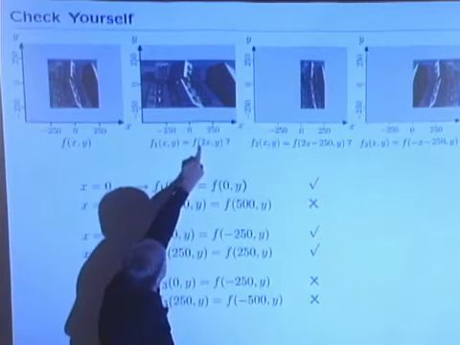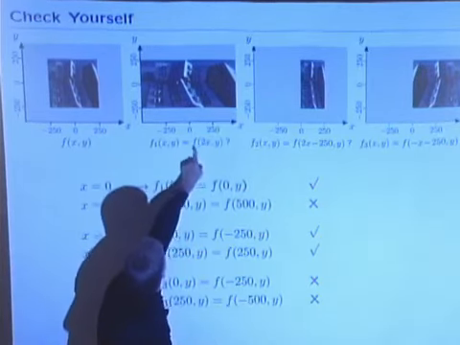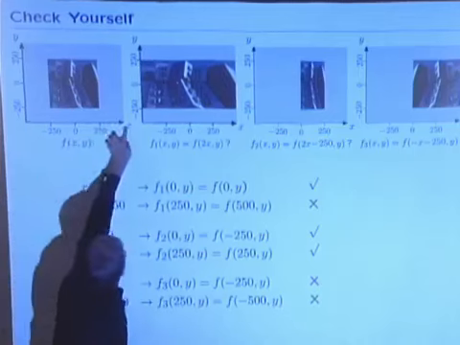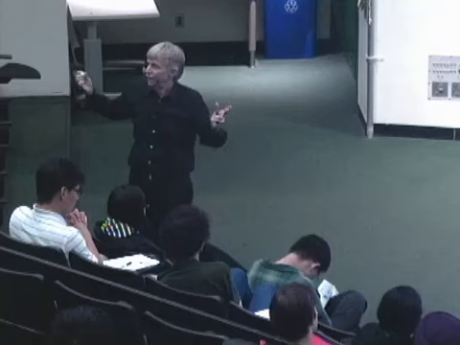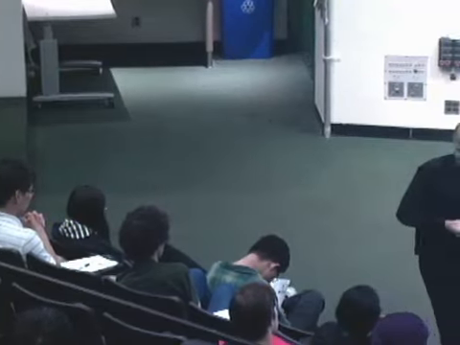If x is 250, then f of 500 is off the screen. So does that transformation hold at the point x equals 250? No. Okay, can't be right. One bad sample proves that it can't be the general transformation. Everybody see that?